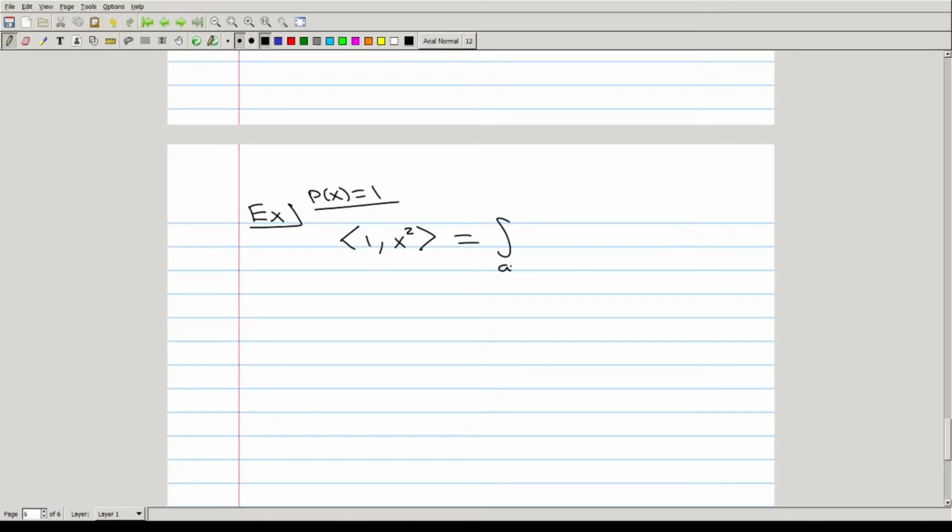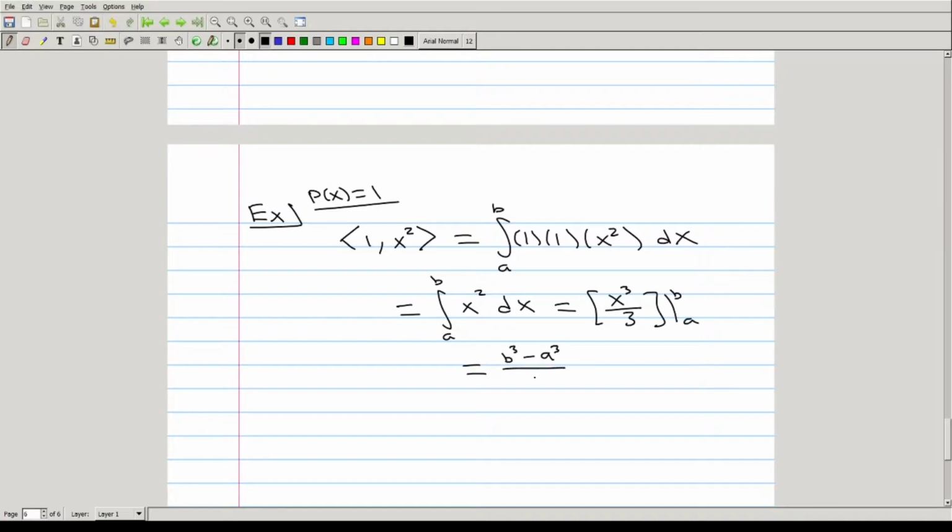This is the integral from a to b of the weight function, which is 1, times the function 1 times x squared dx, which is the integral from a to b of x squared dx, which is going to be x cubed over 3 from b to a, which is b cubed minus a cubed over 3.